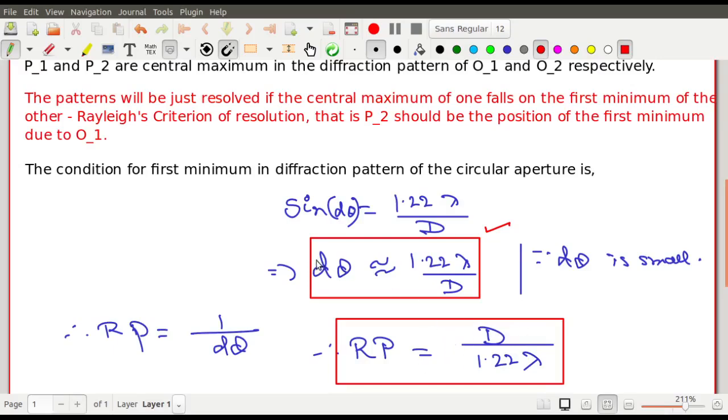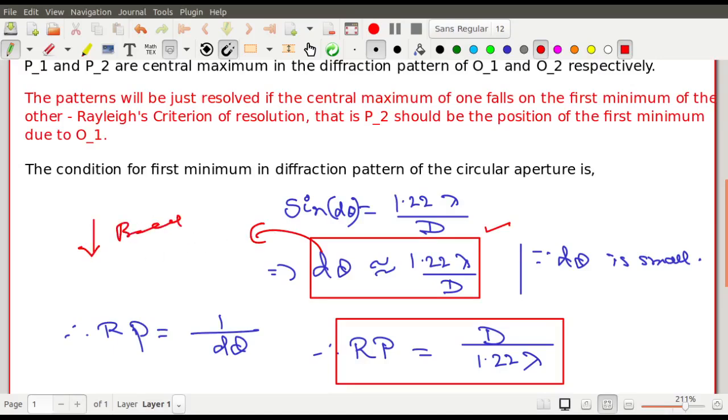Tell me, when will I call my instrument better? When d theta is small or when d theta is large? Definitely when d theta is small you will call it a good instrument, because it can separate very small angles. So smaller the value, better is the instrument.